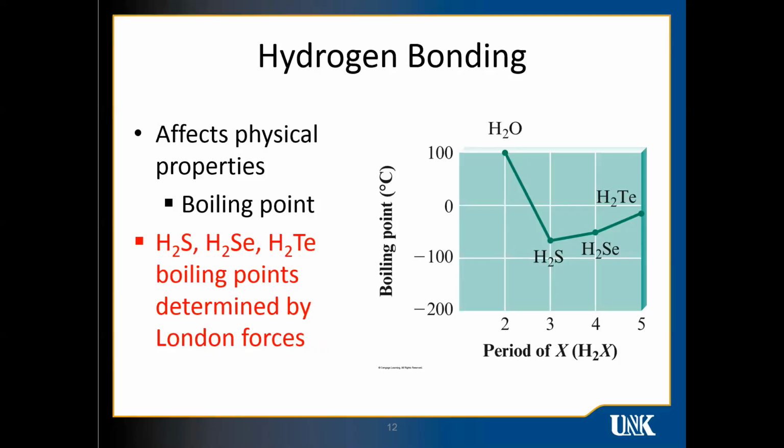With London forces, the larger the mass, the higher the boiling point and the higher the melting point. If we were to take those three compounds and extrapolate what we should see for water, it looks like water should have a boiling point of about minus 80 or minus 90 degrees Celsius, but it doesn't.